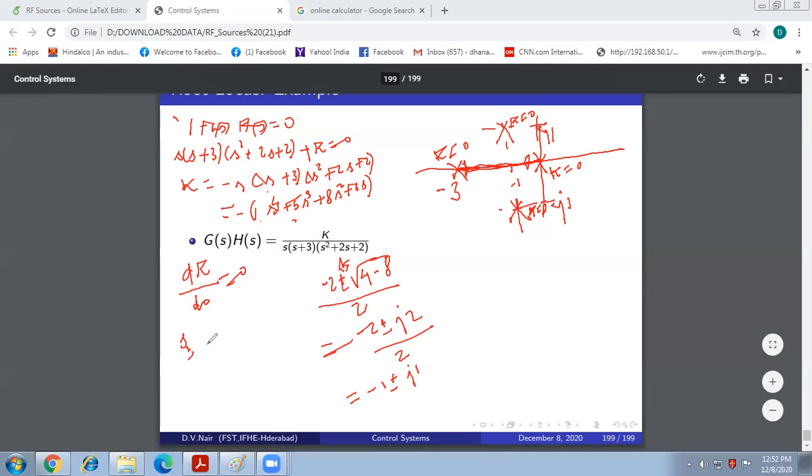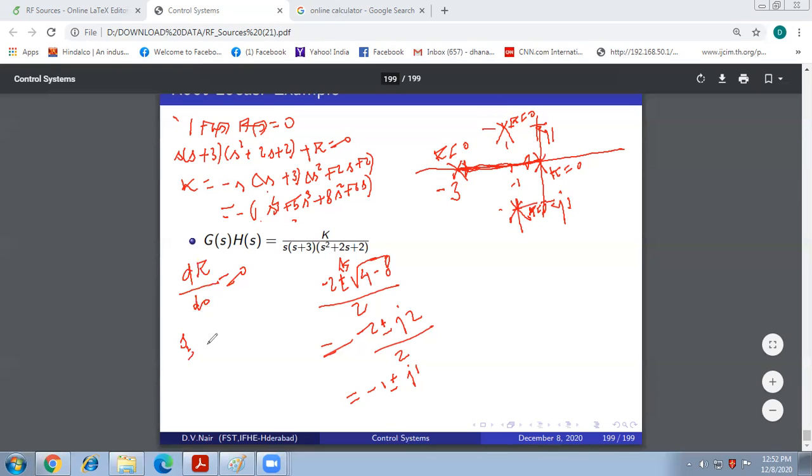And here I am getting three possible values, because the derivative of k equal to 0 comes out to be a third order equation in s, giving three possible values of s.